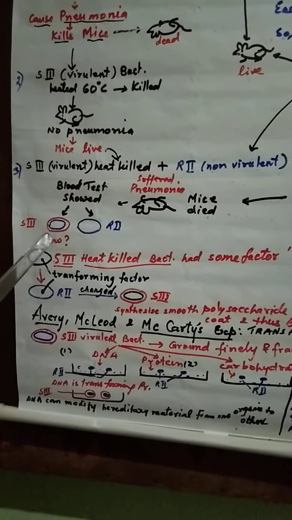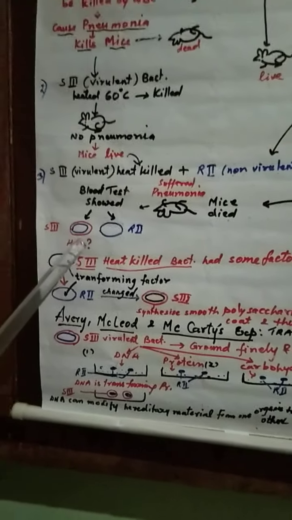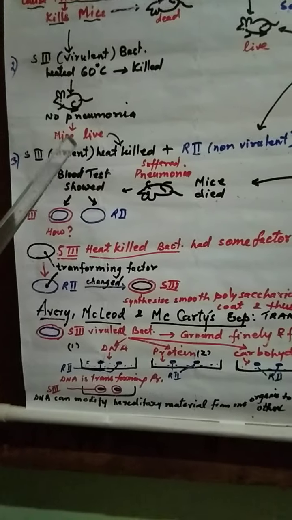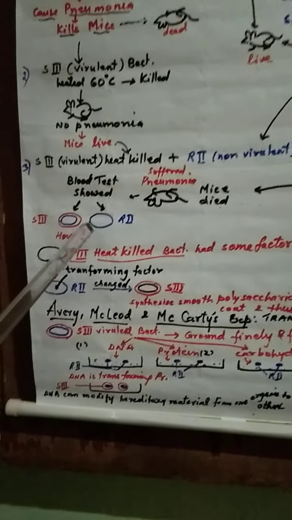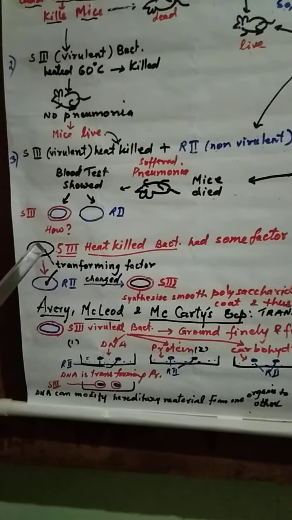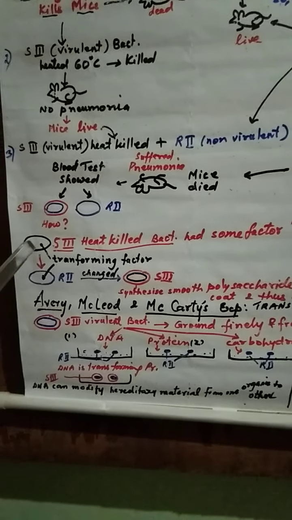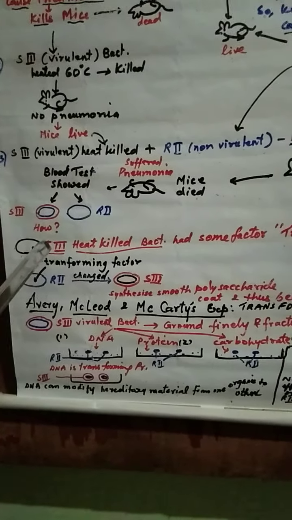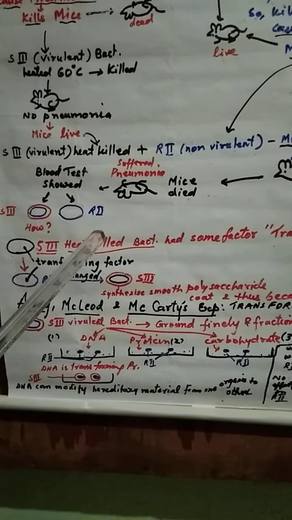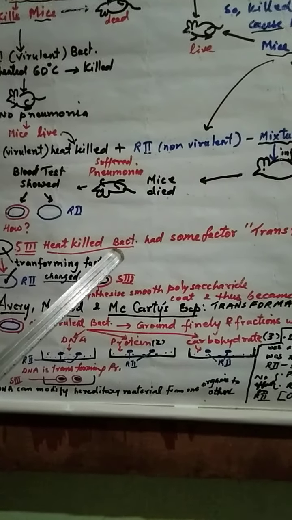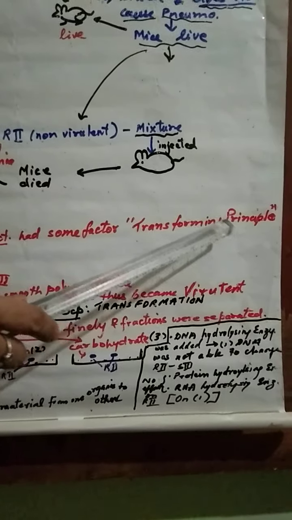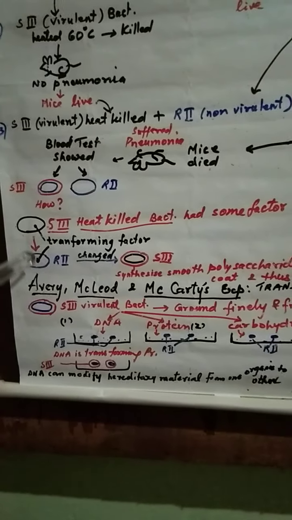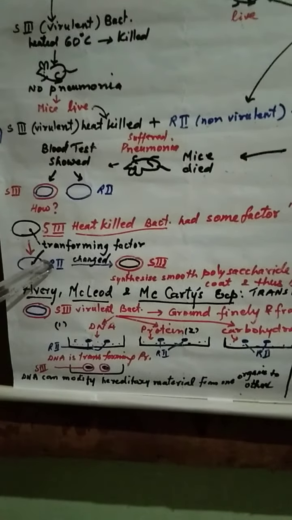The question arose how this S3 could be there when we had only taken heat-killed S3. So Griffith believed that maybe the heat-killed S3 bacteria had some factor, known as the transforming principle, that might have changed the R2, that is rough bacteria, into the S3 bacteria.